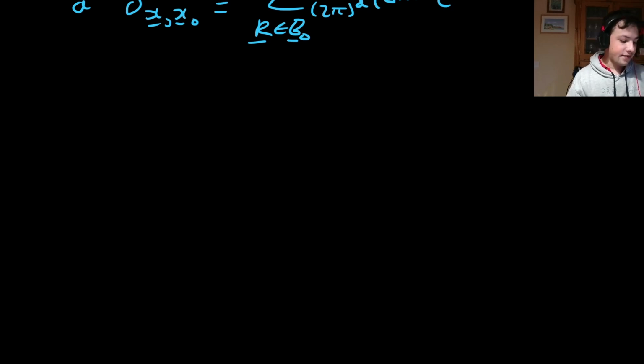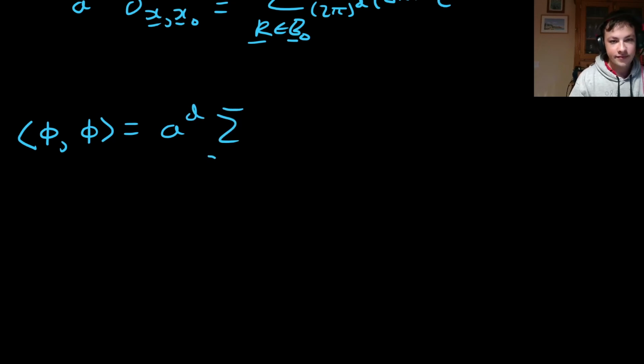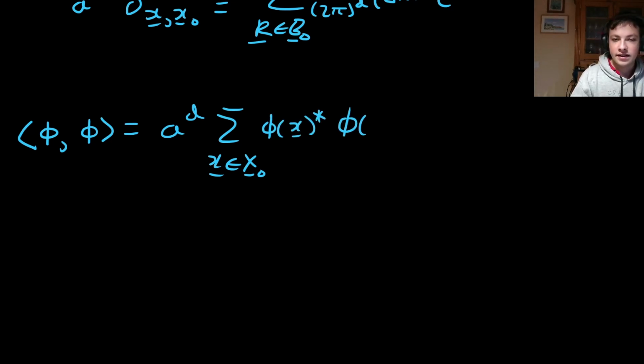Okay, and the last thing is by looking at dot products. Phi dot product with phi is equal to a to the d sum over x in x naught of phi x star and phi x. The second phi could be a psi, right?